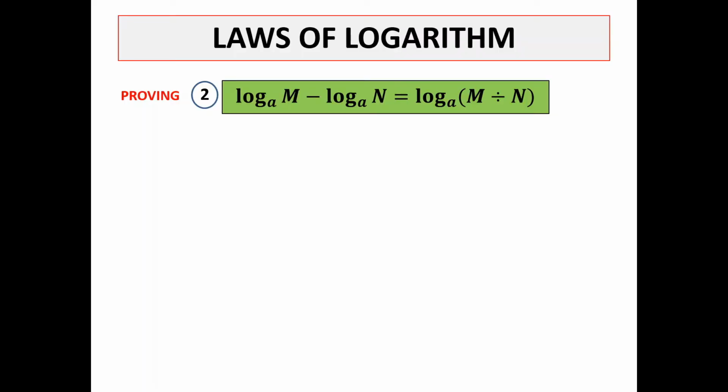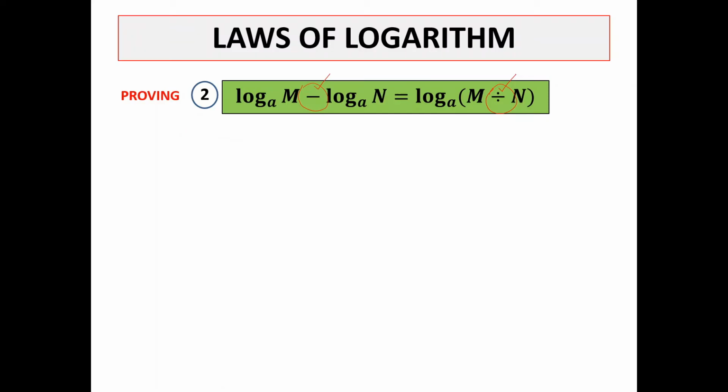Second law, we will apply the same technique to prove the second law. So the second law is log m base a minus log n base a is equal to log m over n, or m divided by n, base a. The difference between law number 1 and law number 2 is the operation: just now we had addition, now we have subtraction, and just now we had multiply, and now we have divide. We will use the same technique.